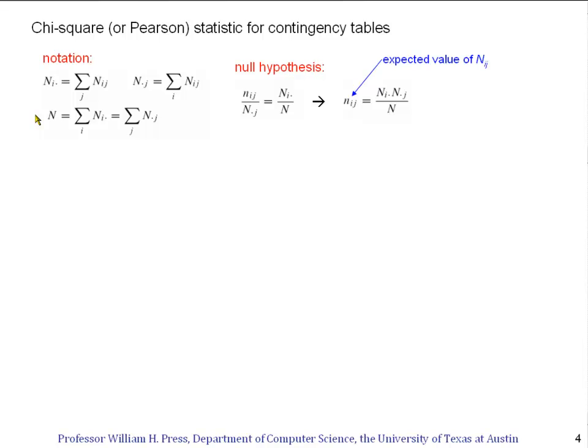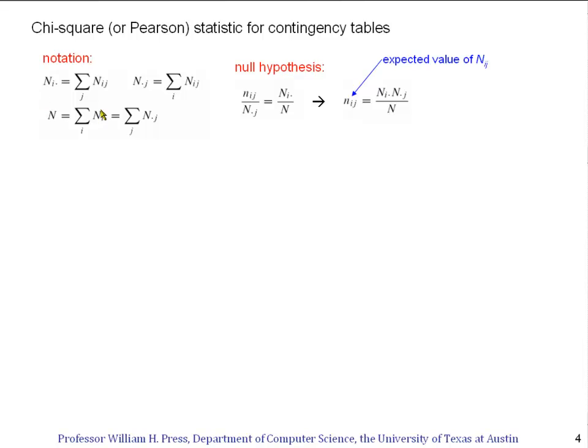Now, what's the null hypothesis on a contingency table? That's always clear. The null hypothesis is that the row variables and the column variables have no particular association. In other words, which row an event falls in is an independent event from which column it falls in.